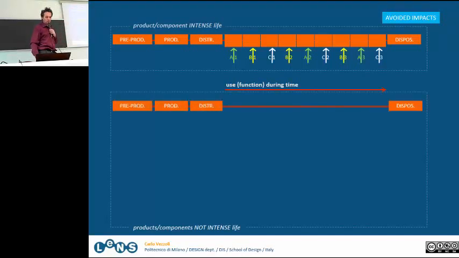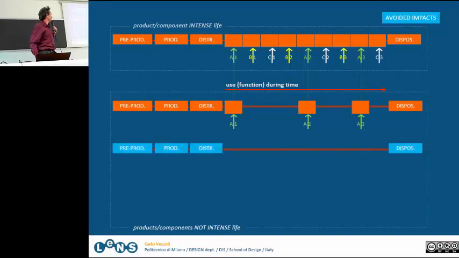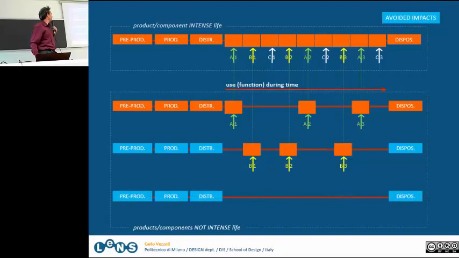If we compare this to a situation in which we don't have an intensive use, there is Alberto, using it at the same time, but then we have another drill that is used by Beatrice at the same time, and then another by me in this other time.